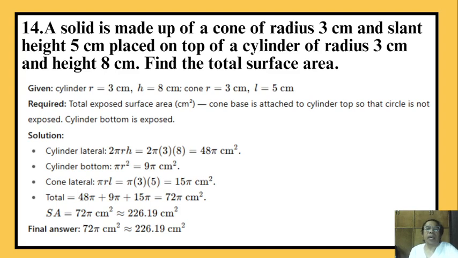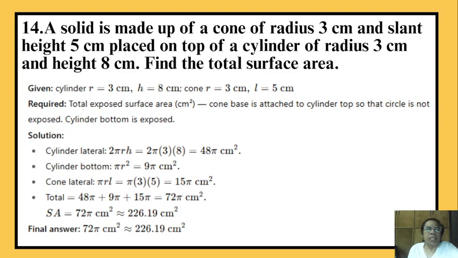So we're given the cylinder radius 3 centimeters, height 8 centimeters, the cone radius 3 centimeters, the slant height 5 centimeters.